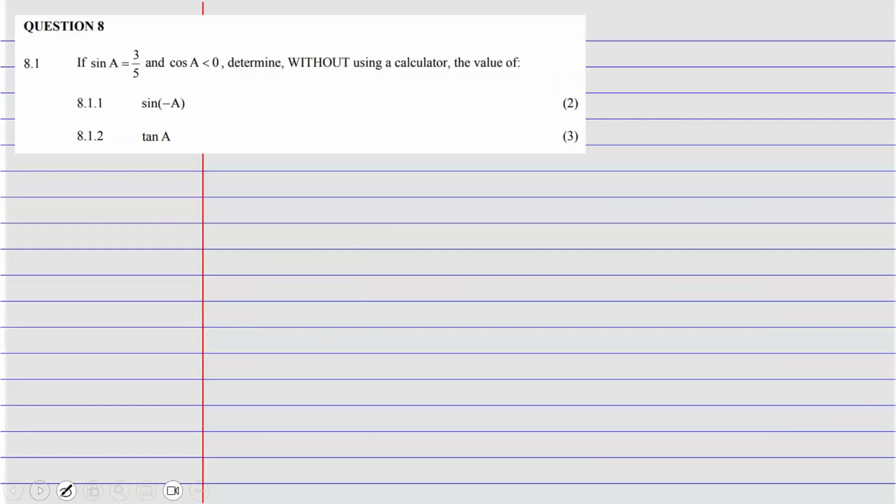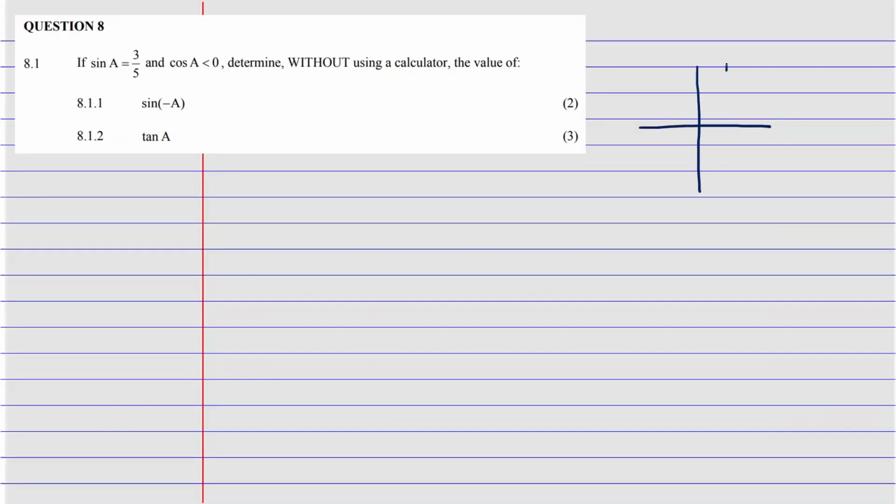So this question is going to be related to the Cartesian plane, right? It says if sin A is equal to 3/5, and they tell us another condition that cos A is less than 0, then they say determine without the use of a calculator the values of the following. So now we're going to be using a Cartesian plane. First we're going to draw the Cartesian plane, which is going to be like this, right?